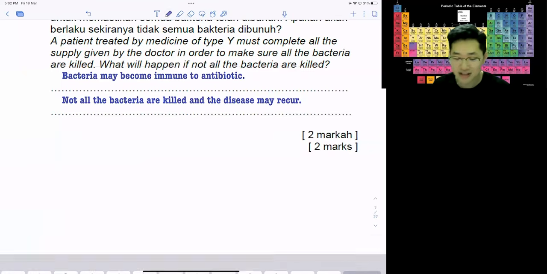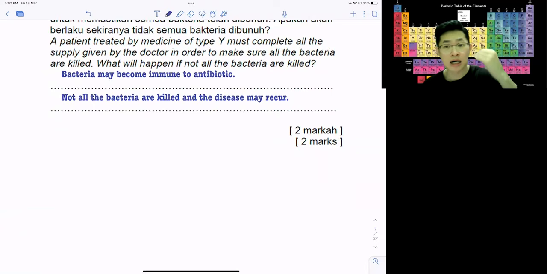Yes, Sushant, very good. Or you can also say a stronger or a higher dosage of antibiotic is needed. If your bacteria grows stronger, you need something stronger to kill the stronger bacteria.